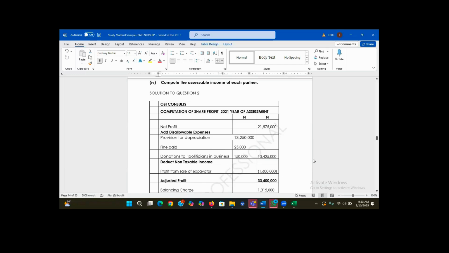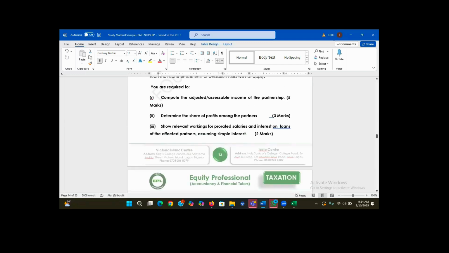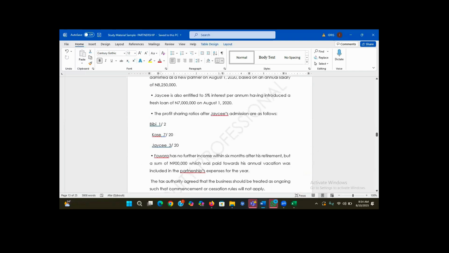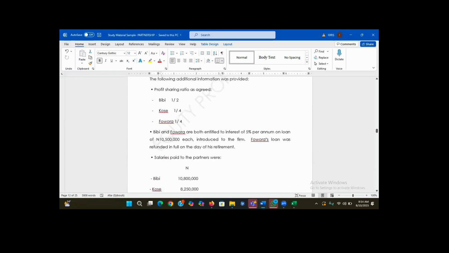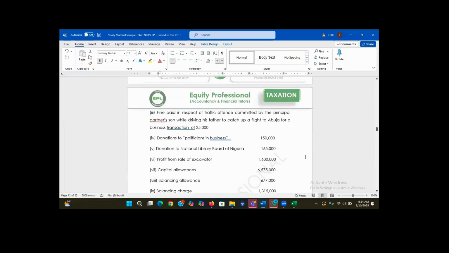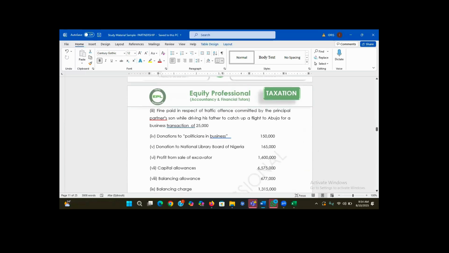Now, after getting adjusted profit, before we can assess it to tax, what do we normally minus? Capital allowance.